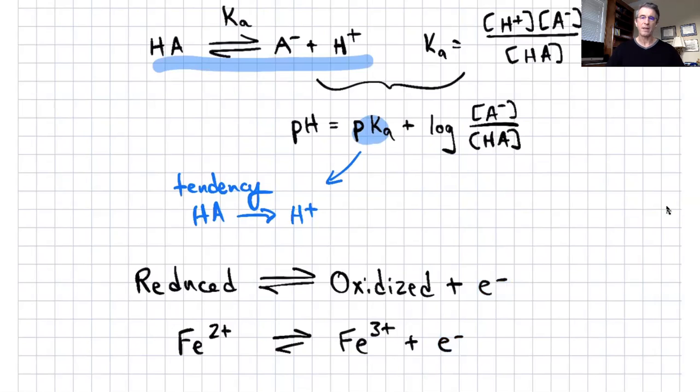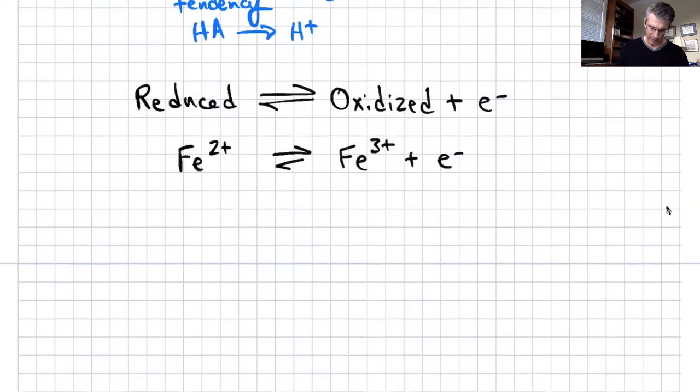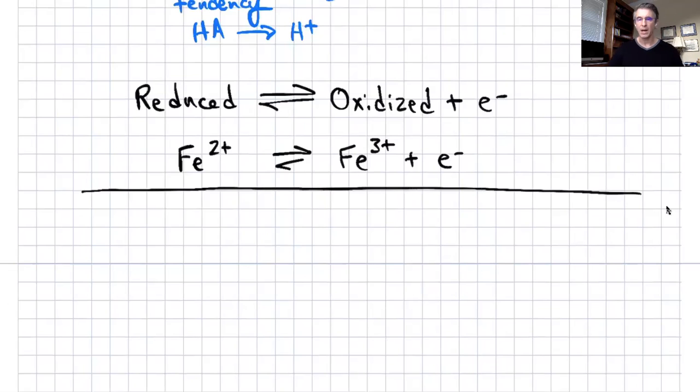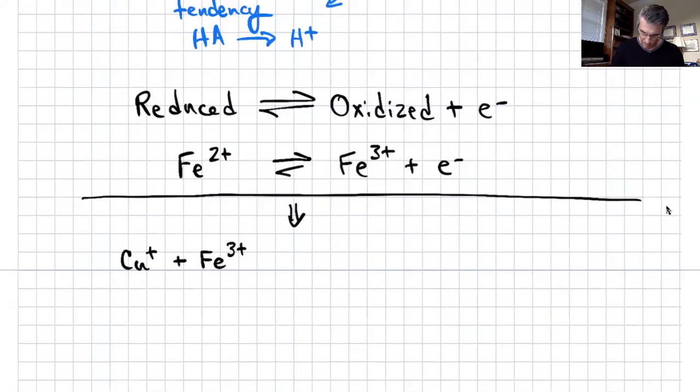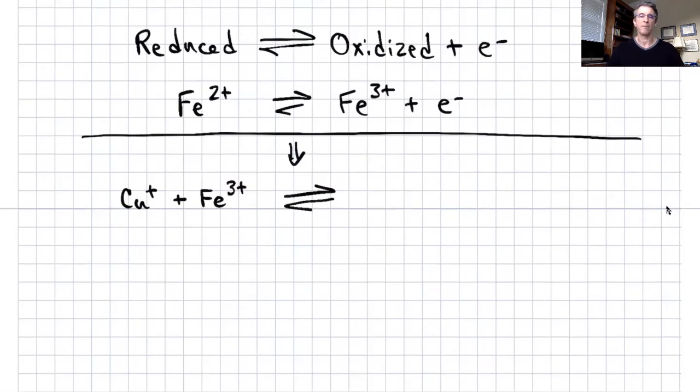Okay, so the way these sort of reactions do work in reality, however, is you have so-called redox couples, right? And a redox couple that might be relevant, say, for movement of electrons in and out of iron would be something like this, having copper 1 plus iron 3, that would then see the reduced copper get oxidized by the iron 3, and the iron 3 then get reduced, right?